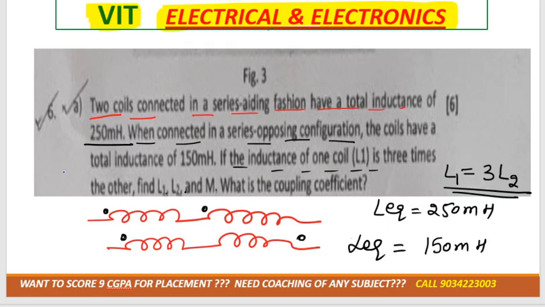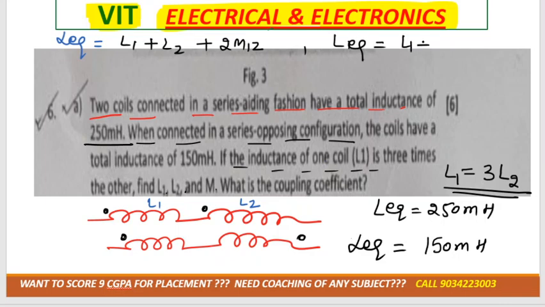So first of all, if L1 and L2 are in series, L equivalent is L1 plus L2 plus 2M12, right? Then if it is opposing, L equivalent is L1 plus L2 minus 2M12. L equivalent we already know, right?